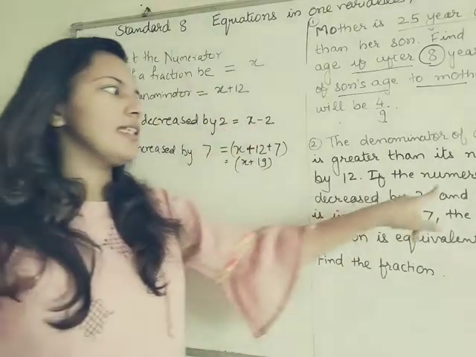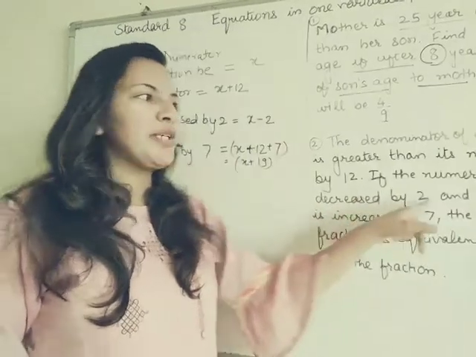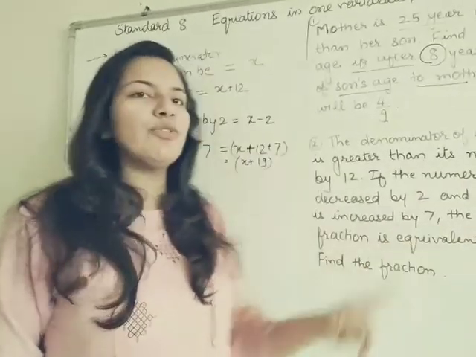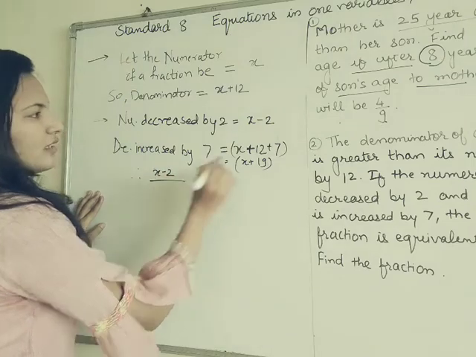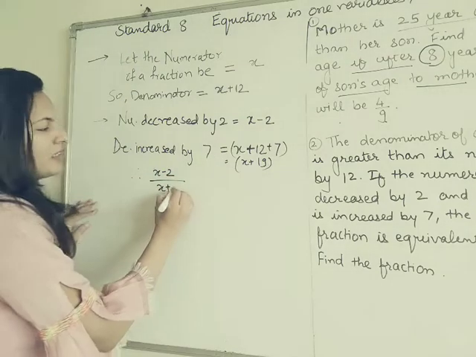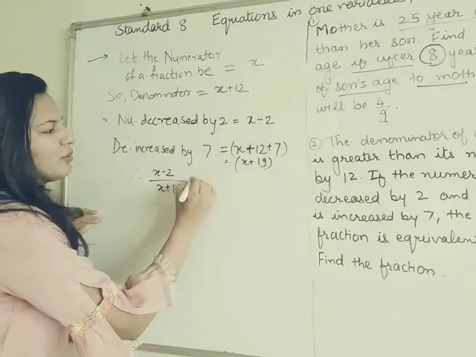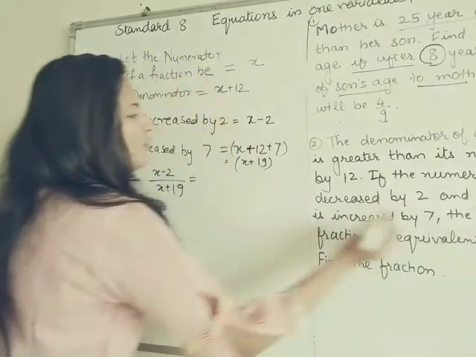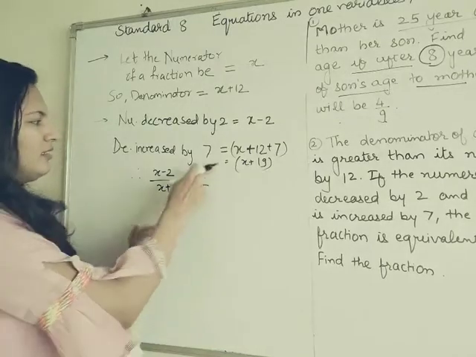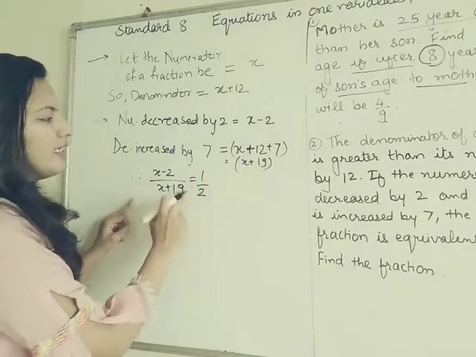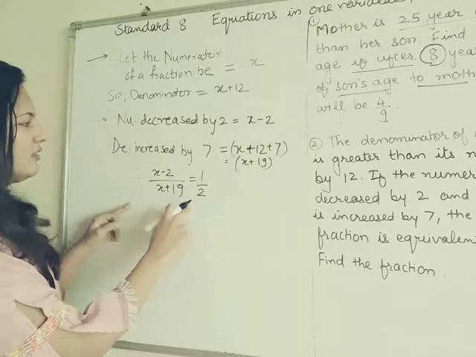So after decreasing the numerator by 2 and the denominator by 7, we got the new fraction. So what will be the fraction? x minus 2 is the numerator, divided by x plus 19, is equal to 1 by 2. So let's solve this equation. Again we need to do the cross multiplication.